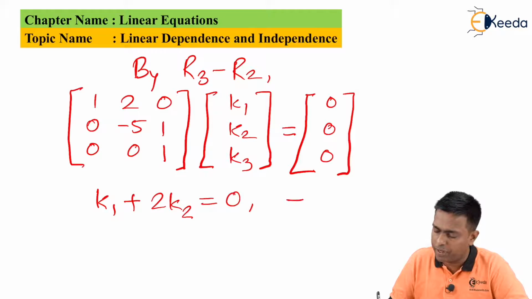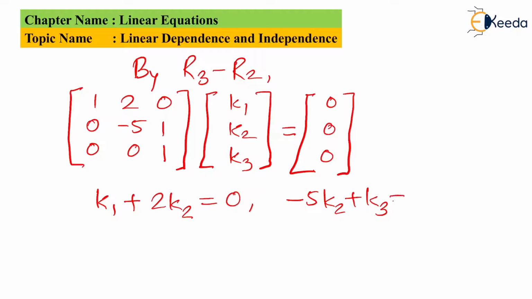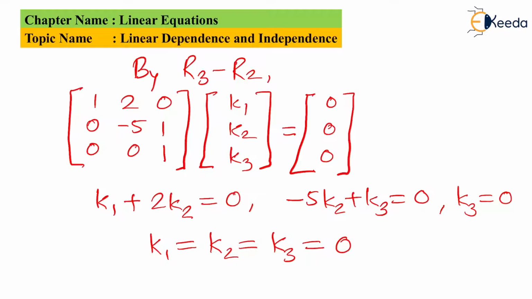Then the second equation would be minus 5 k2 plus k3 equal to 0, and the third equation will be k3 equal to 0. Now guys, since k3 is 0, we'll put the value here, we'll get k2 as 0, and since k2 and k3 both are 0, we'll get k1 as 0. So it means k1, k2 and k3 are all zeros.